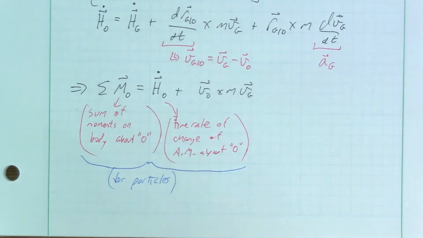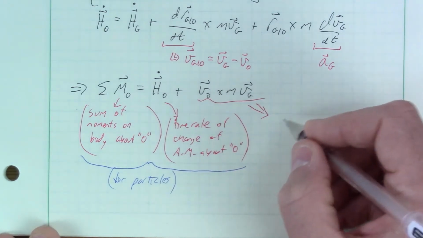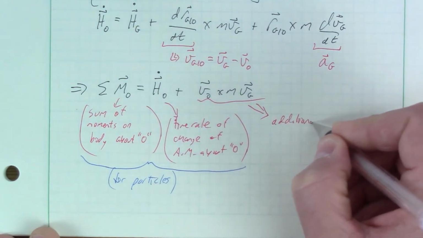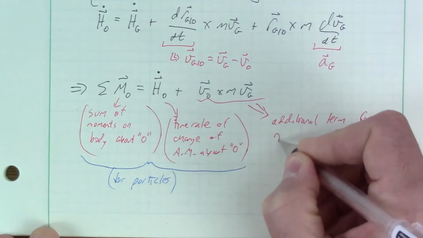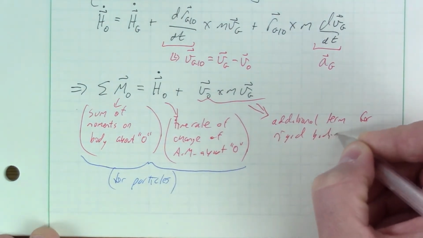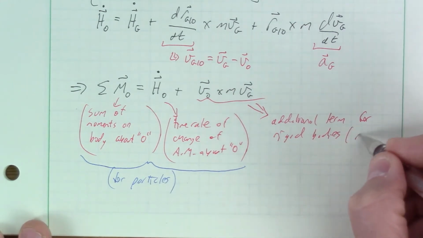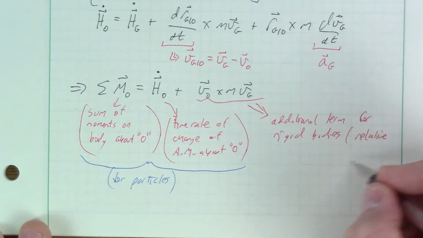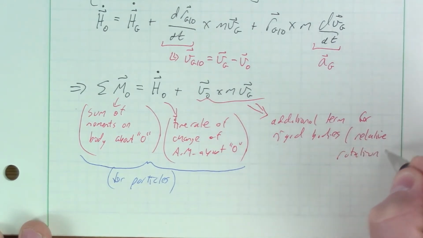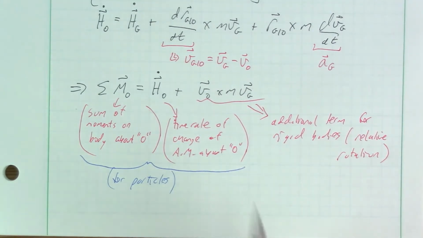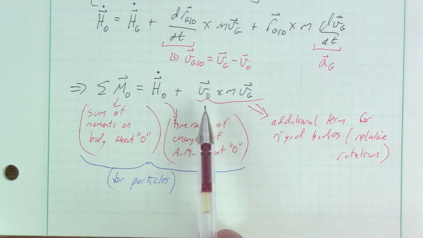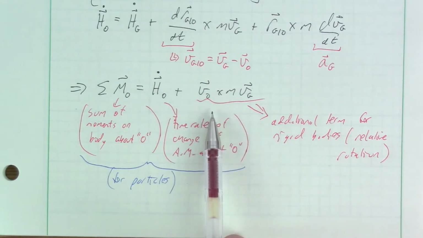We need this extra term here. This is an additional term for rigid bodies. And what it is, it's there to account for relative motion. Relative rotation, I should say. Okay? And so what we have here is, if point O, the point about which we're trying to do our analysis, is also moving, then we have to add this term in there, okay?